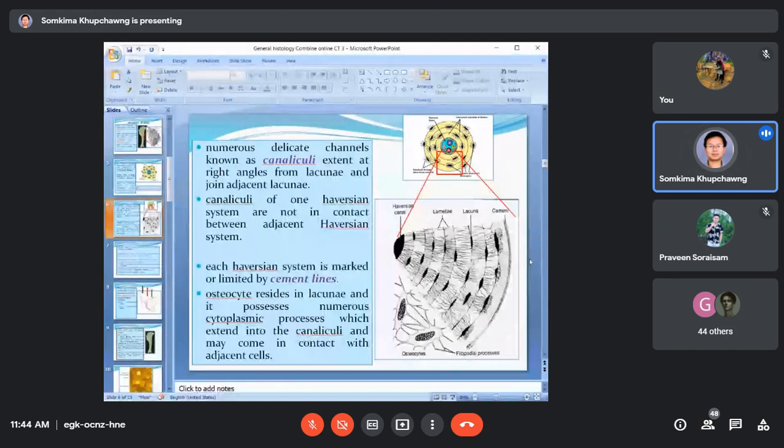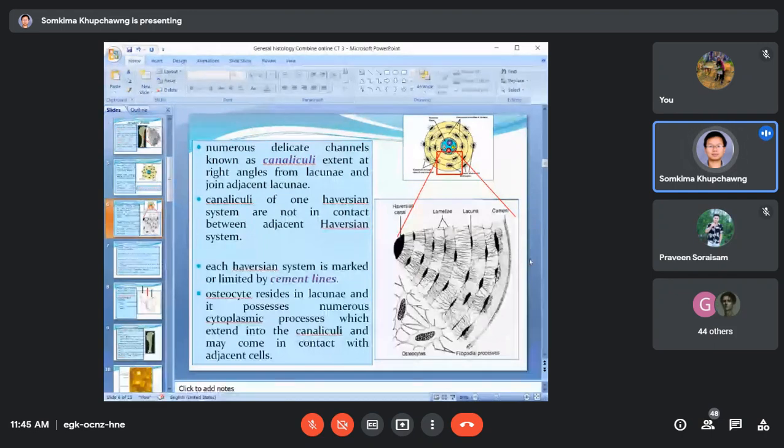Here one more point is that the canaliculi of one Haversian system are not in contact with the adjacent Haversian system. That means the canaliculi of one Haversian system will be contacting the nearby canaliculi of the adjacent lacunae.